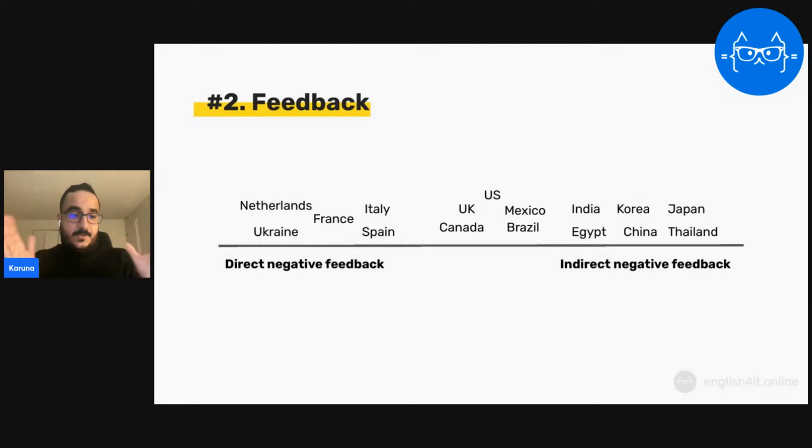Of course, this depends on individuals within a certain culture, but in general, cultures that do have more direct negative feedback on the left here, and cultures where negative feedback is very indirect is on the right.